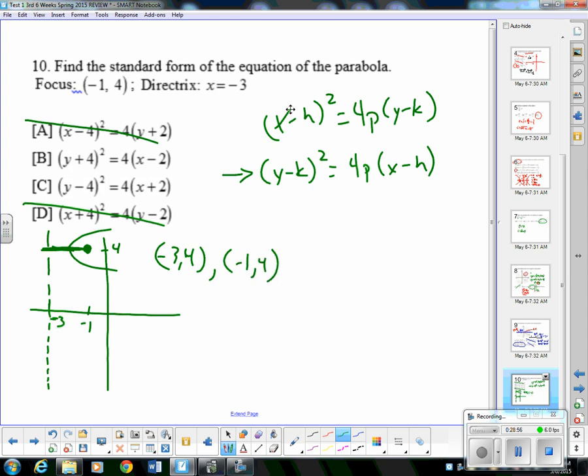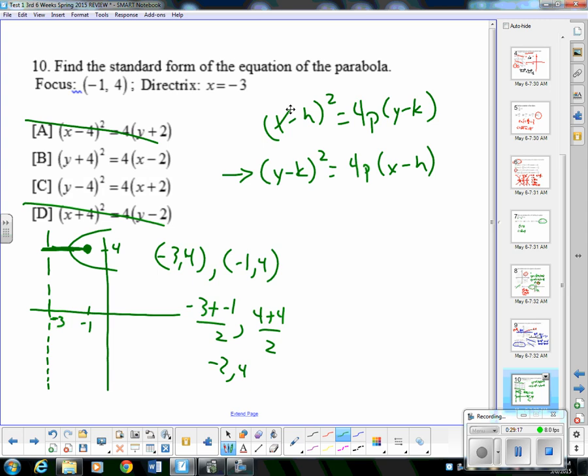Now on a graph you can eyeball that, but I'm going to invoke that midpoint formula just because I've been doing that all along. So -3 plus -1 over 2 and 4 plus 4 over 2 leaves me with -2. This is 8 over 2, 4. So I know that my x is -2 and my y is 4.